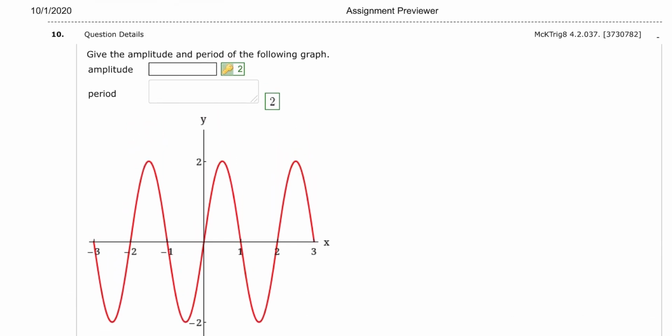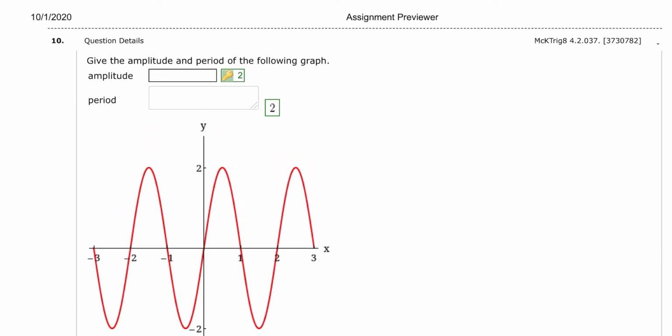All right. This one has an amplitude of, as you can see, it reaches 2 and -2, so the amplitude is 2. The period will be, it looks like it starts at 0 and ends at 2. This is one complete cycle, so that means the period is 2.